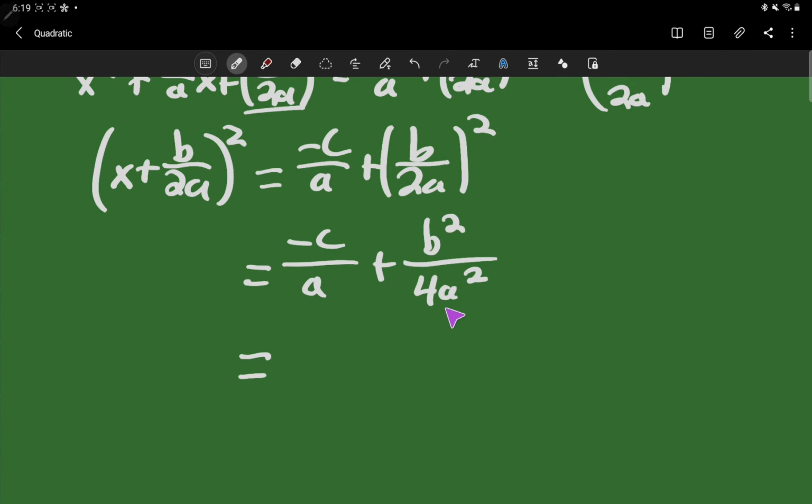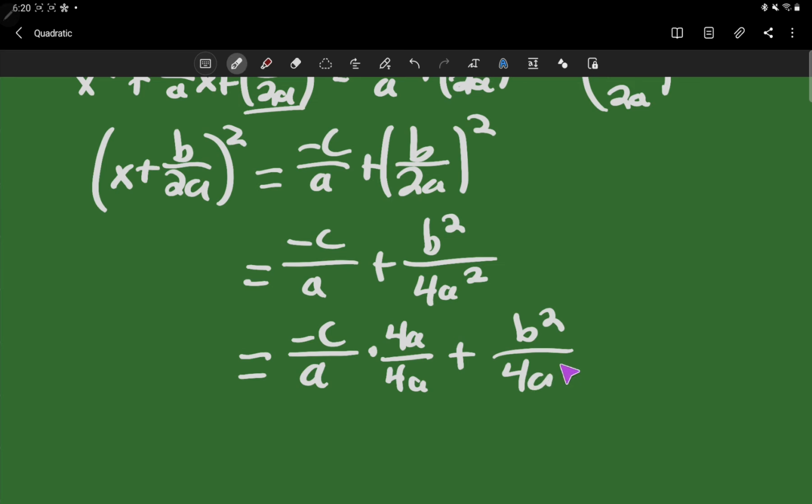Now we notice there's an a here and there's an a here. These guys are pretty close to each other. We could almost get them to a common denominator and rewrite them as one fraction, and we totally can. So we take minus c over a, and we're going to multiply it by 4a over 4a.